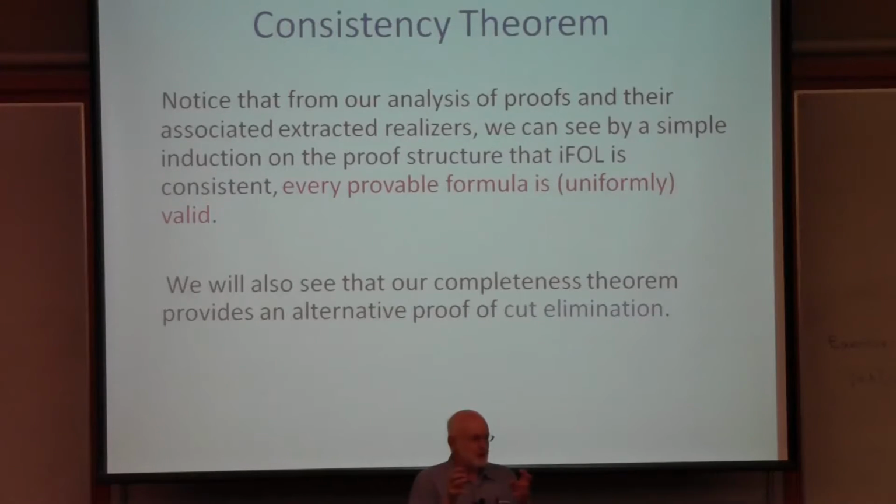All right? So we know that all the provable formulas are true. And the technique of program extraction can be seen then as a constructive consistency proof. And I think that's pretty cool already. So we have that result.